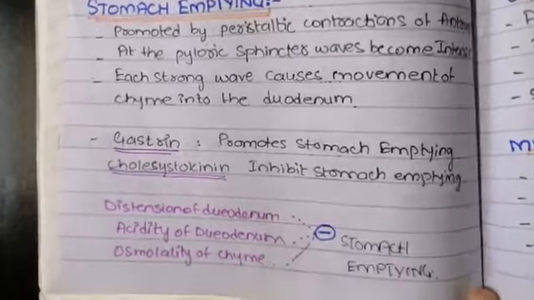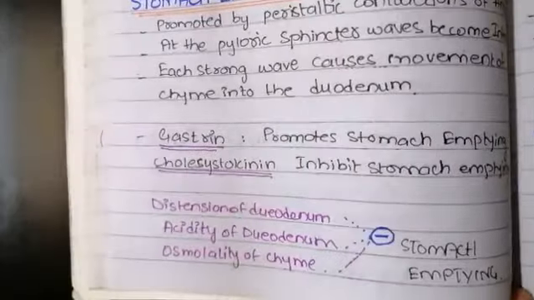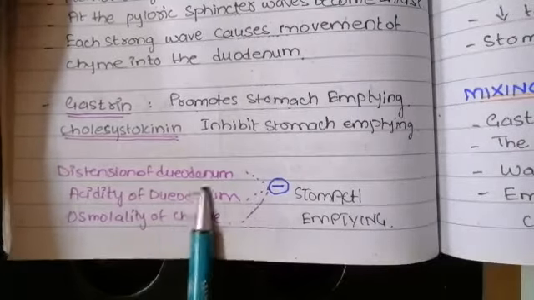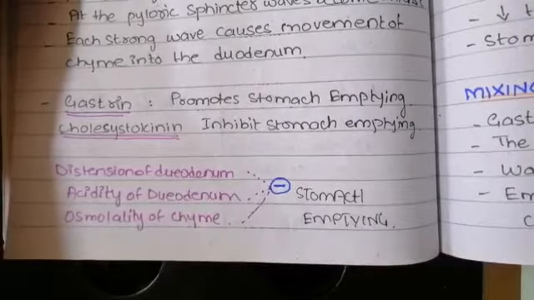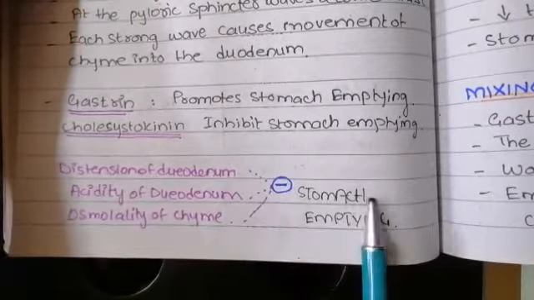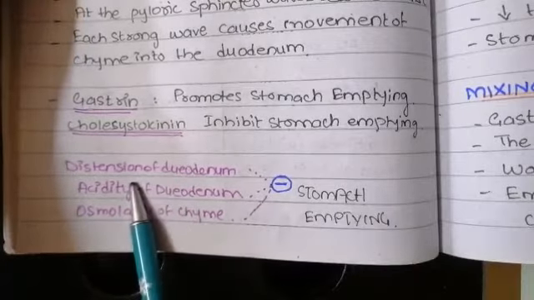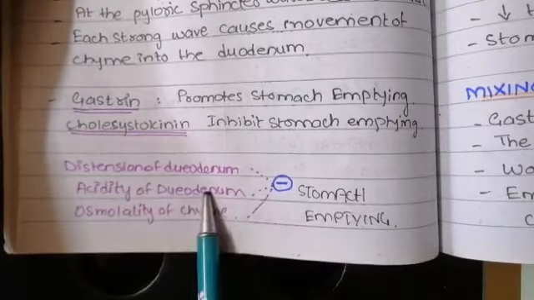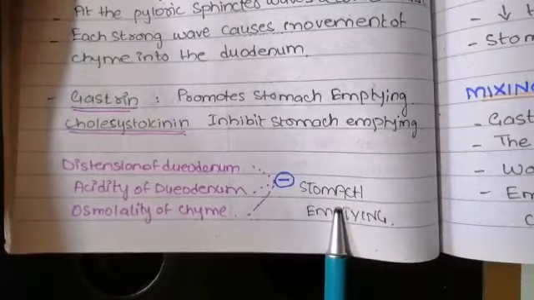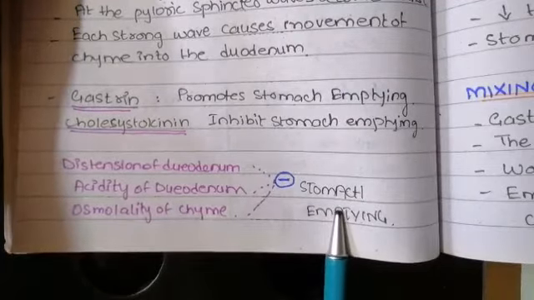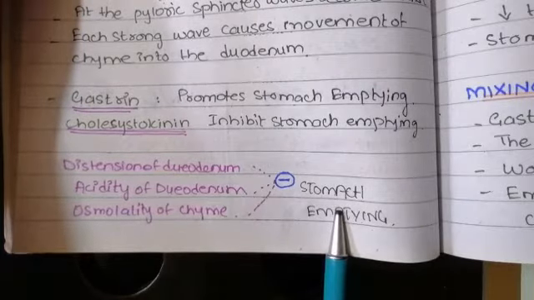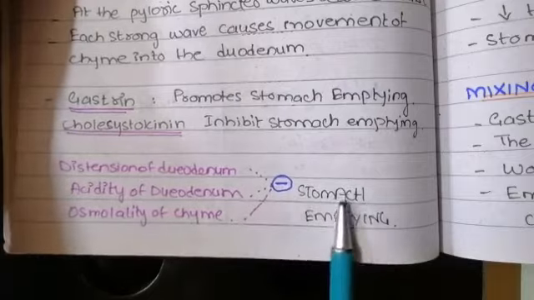Now, the other three important feedbacks that decrease the emptying. The first is the distension of the duodenum. When the duodenum is full or distended with food, there will be negative feedback to the stomach emptying, because the duodenum is already filled. The acidity in the duodenum will decrease the stomach emptying, because the acidity will decrease the release of HCl and the acidic enzymes in the duodenum and prevent the stomach emptying.